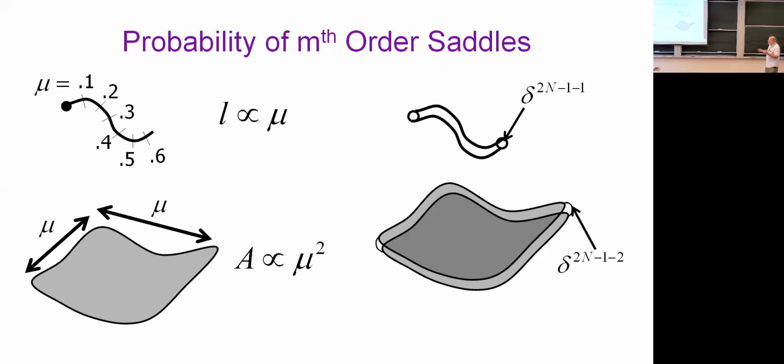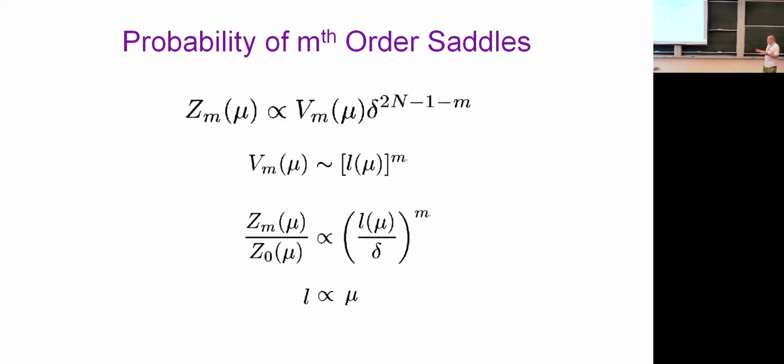What we know from looking at the pictures is that there is a sort of size dependence along here. So when mu is 0.1, you get out to here. When mu is 0.2, you get out to here. Mu is 0.3, you get out to here, 4, 5, 6, and so forth. And the same thing happens in the 2D area. So we should expect roughly that this guy should be a length of mu, and this guy should be roughly an area of mu squared. Okay, so that's what comes in here.